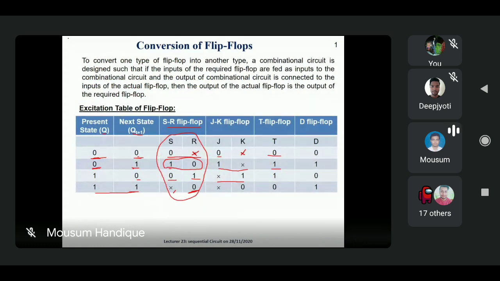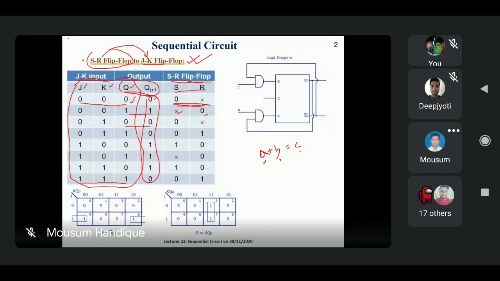S value is 0 and R value is don't care. So this way we can construct this particular table.